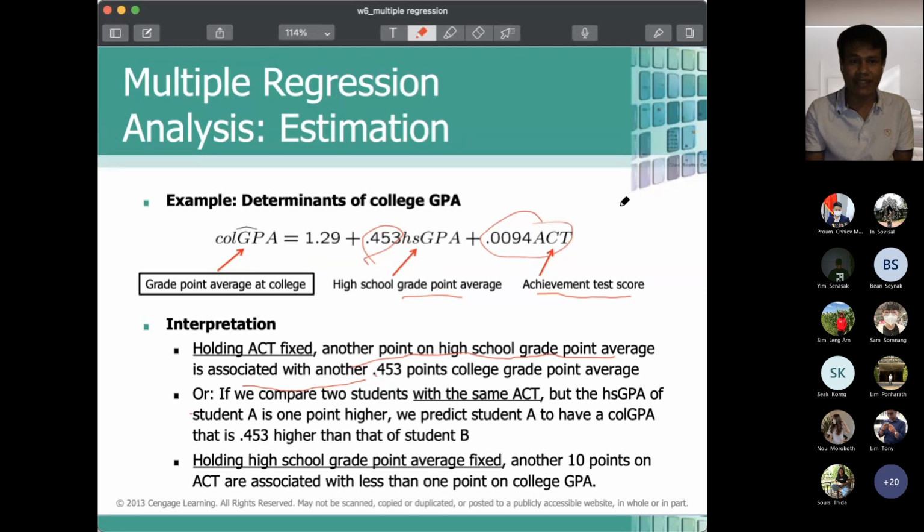If the zero conditional mean assumption is met, of course, we obtain unbiased estimates and our interpretation is correct. But if the zero conditional mean assumption is violated, the interpretation is incorrect, we obtain biased estimates.